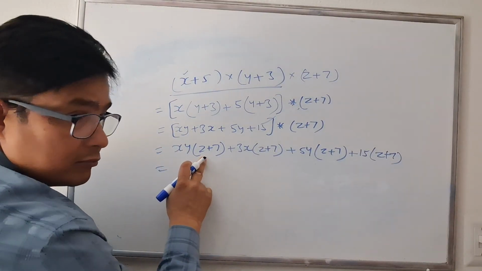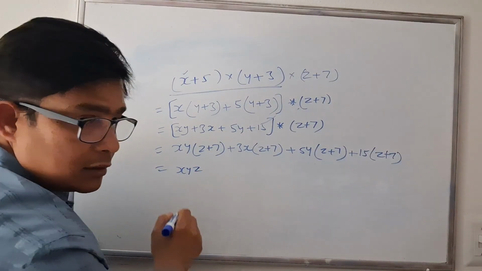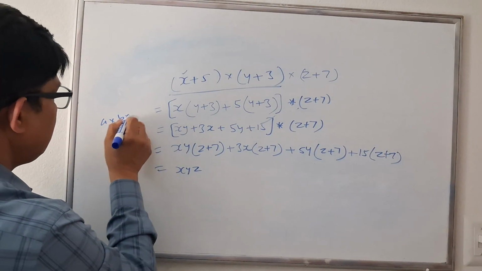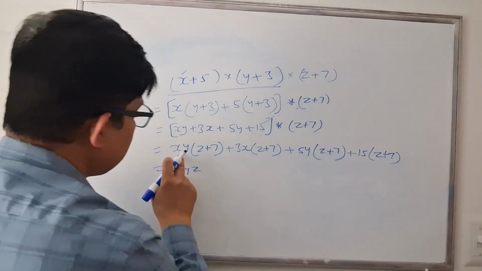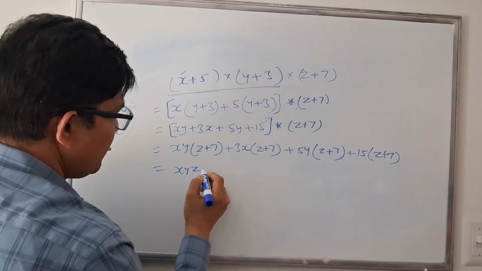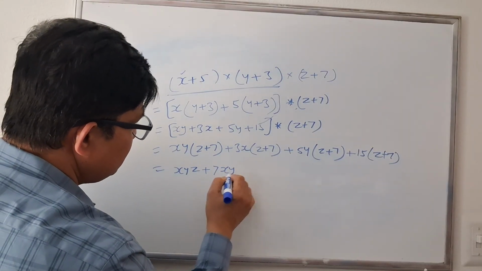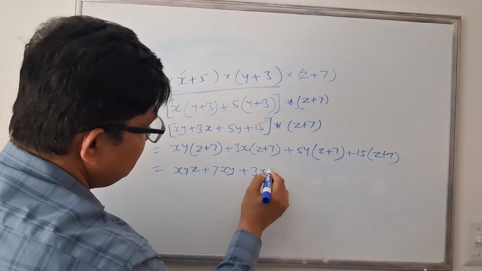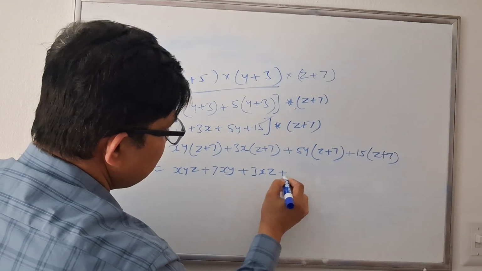xy times z, xyz. You know these things. If you have different variables, like a times b times c is nothing but abc. Similarly, x times y times z is xyz. Plus 7xy, that will be your 7xy. 3x times z, 3xz. 3x times 7, 21x.